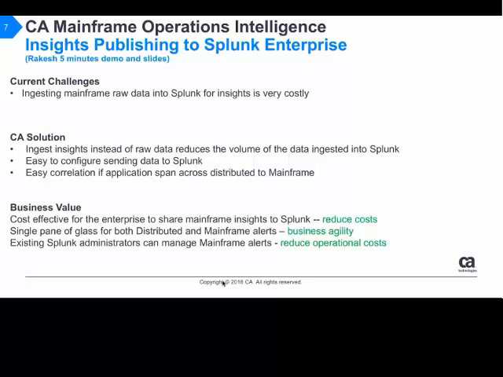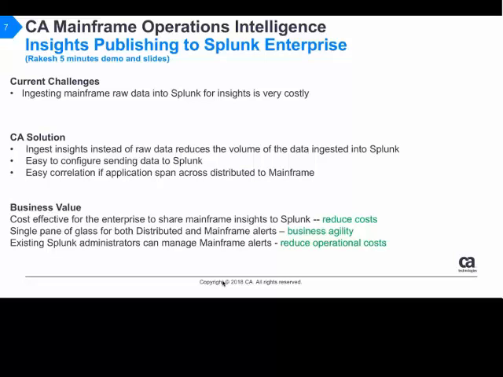To solve this problem, CA built a solution where with minimal configuration, CA MOI can stream the insights generated in CA MOI to Splunk, which reduces the volume of data that we ingest into Splunk.